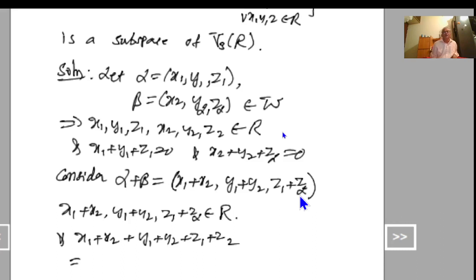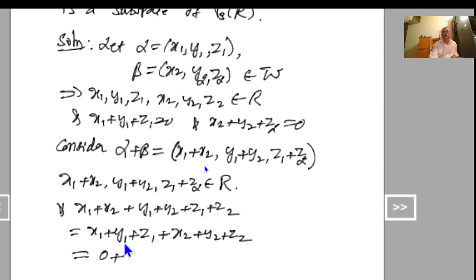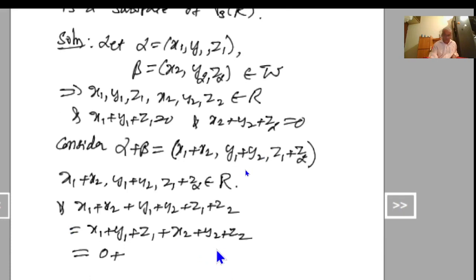I will write this as x1 plus y1 plus z1 plus x2 plus y2 plus z2. This is equal to, what is x1 plus y1 plus z1? It is equal to 0 plus, what is x2 plus y2 plus z2? This is also equal to 0. So this term is equal to 0, this term is equal to 0. 0 plus 0 is equal to 0.